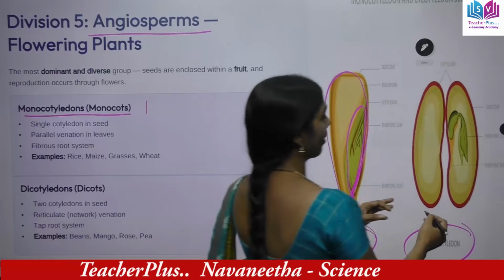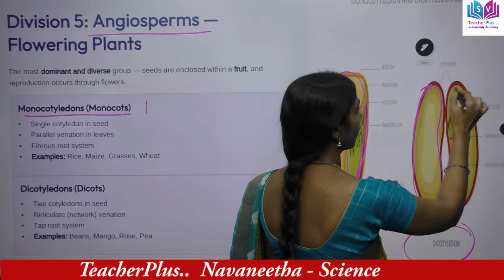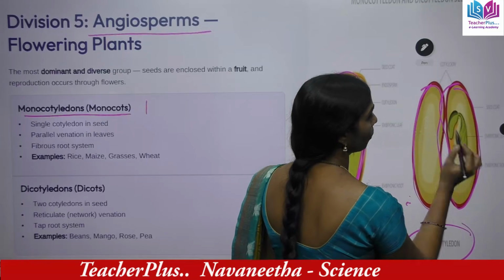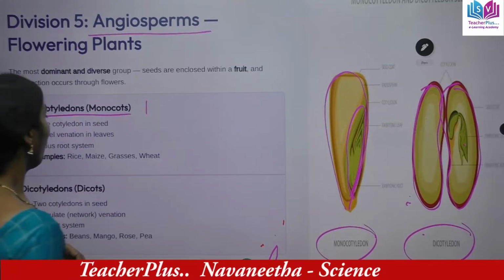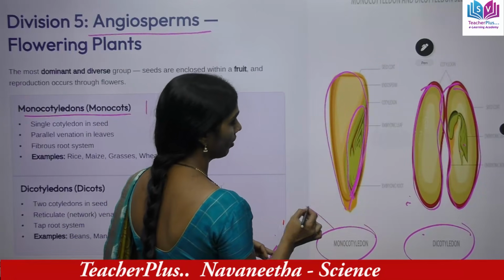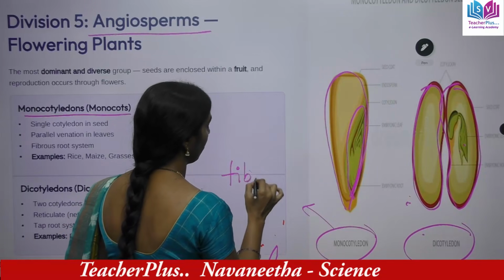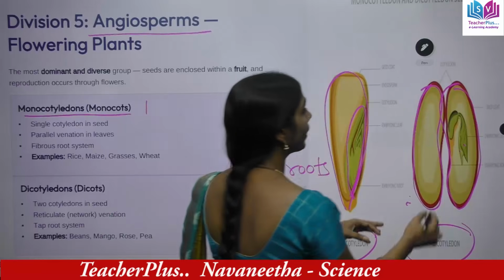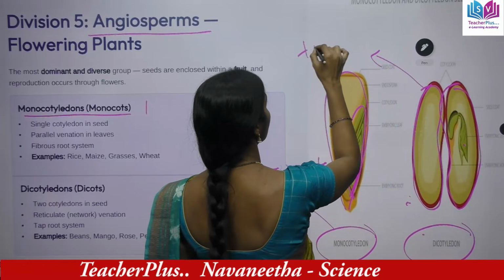Okay, this is a groundnut seed. It has two cotyledons. See here, two leaves, one and two. Di means two. And one more thing, all monocot plants have a fibrous root structure, and all dicotyledon plants have a taproot system.